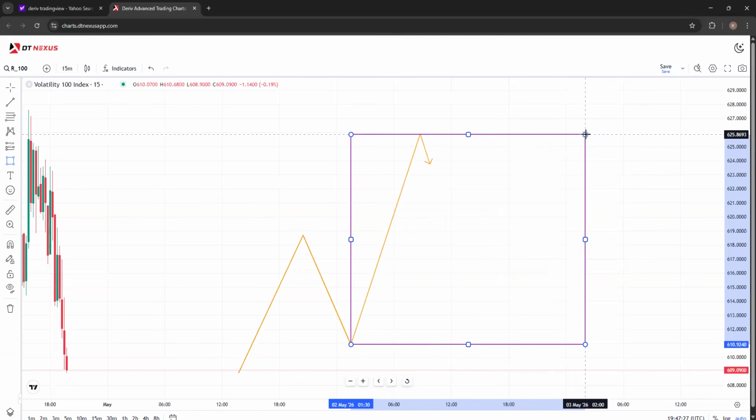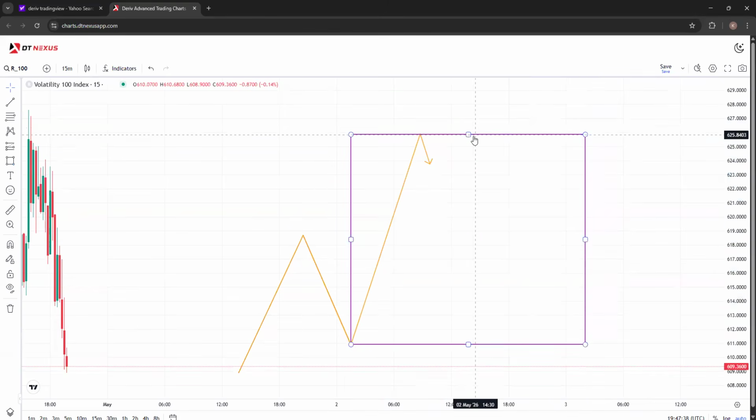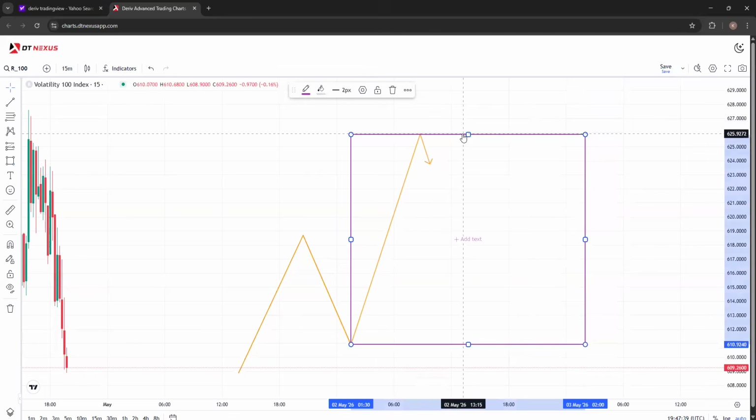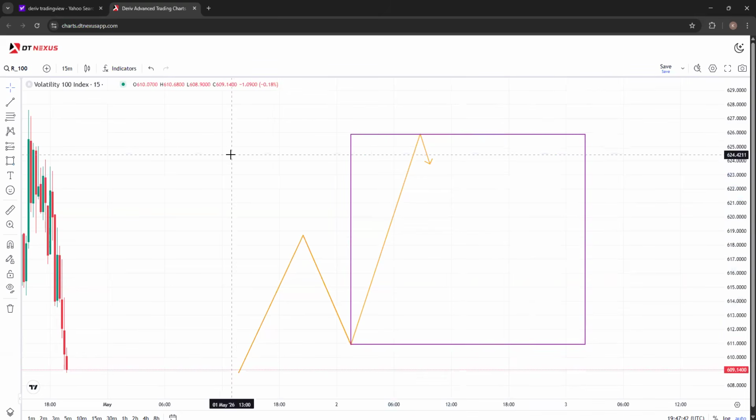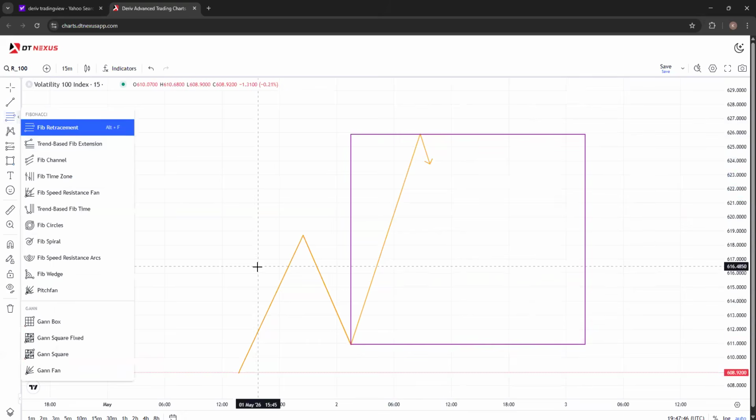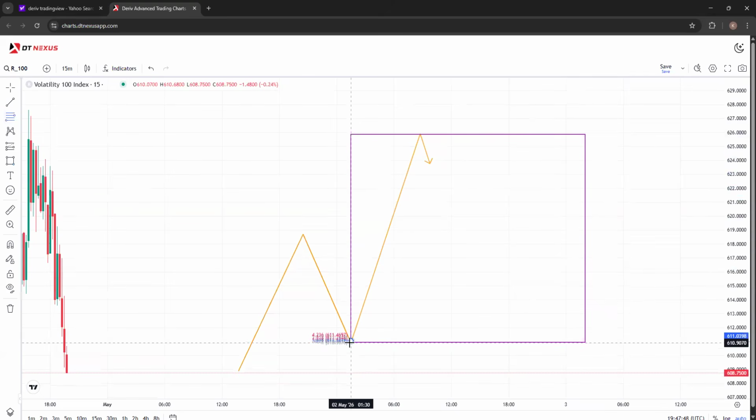And I think by now we've trained our eyes to know that 50% of this box is premium and 50% is discount, right? So after doing this, I can either remove the box or let it be there. What I'll now need to do is, since I know that I'm in an uptrend, I come and I touch my low. I want you to get this, guys.